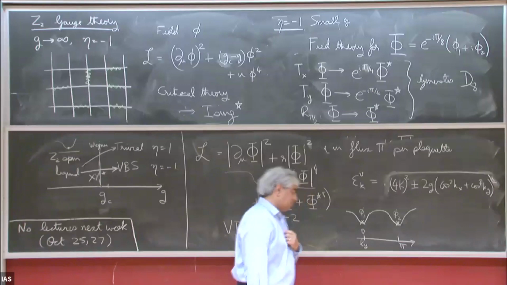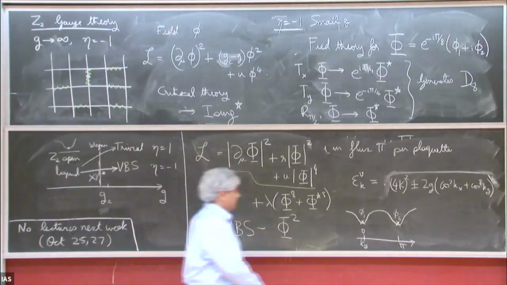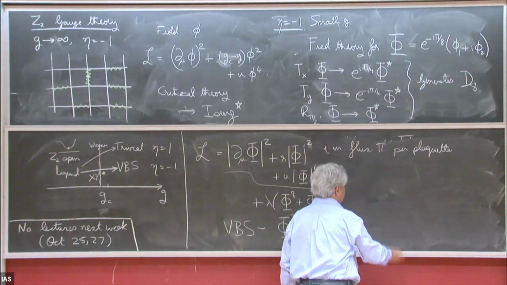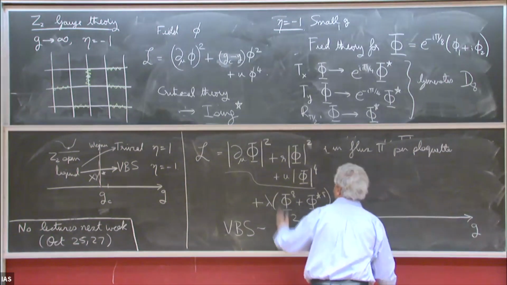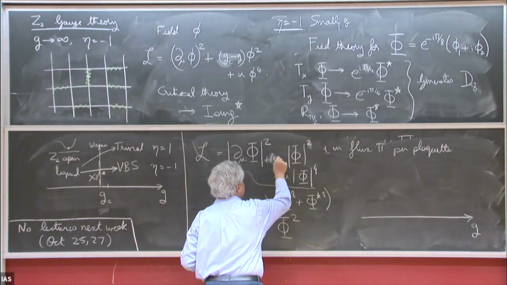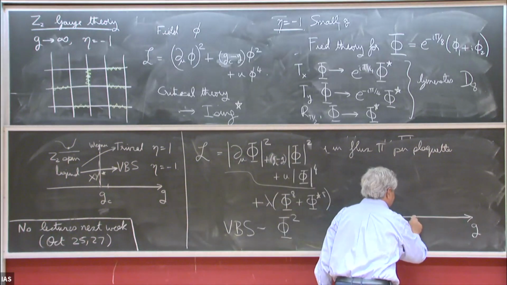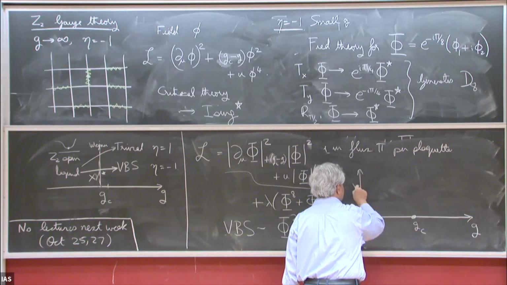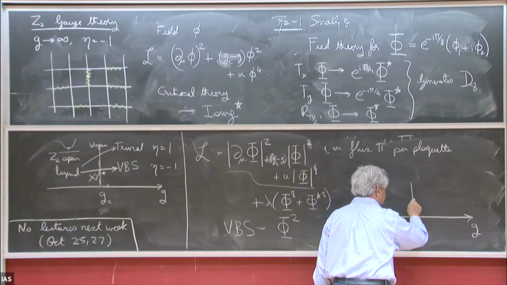So is the statement that gc is not dependent upon lambda? No, the critical exponents at gc are not dependent. There's another fun way that we like to draw this. So if I draw an RG flow, so this is g. Well, g is like r here, sorry. gc minus g. Right, so there's a critical point here at gc. Let's make this the lambda axis. So at this point gc, lambda goes to 0.